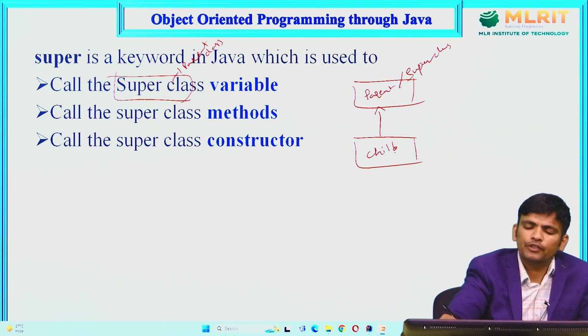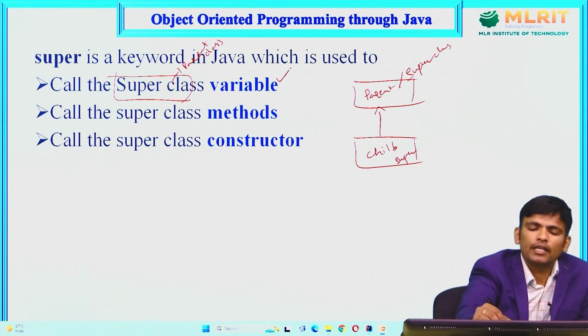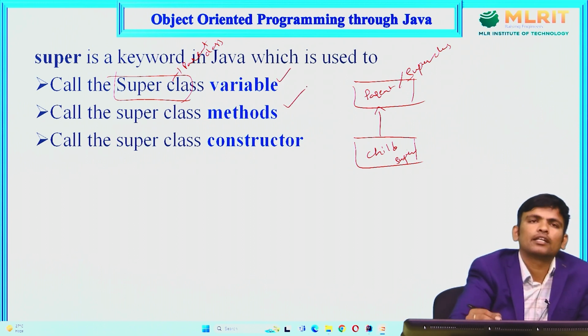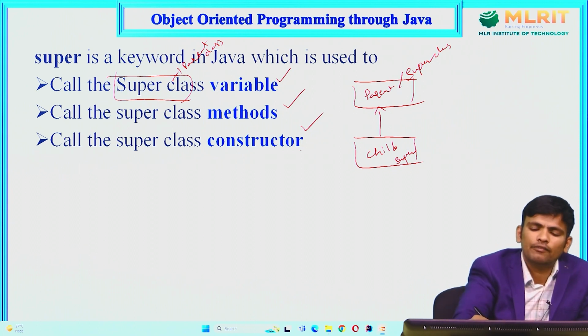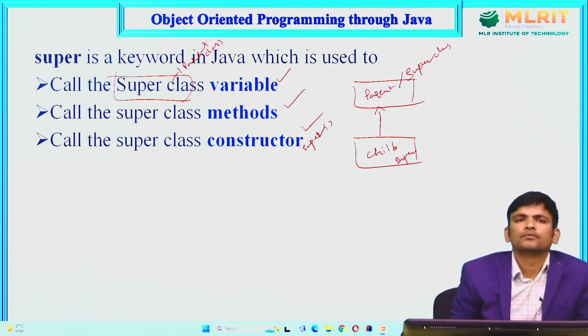Now suppose you use a super keyword inside a child class. The child can access the parent class variables, the parent class methods, and the parent class constructor. To access the constructor, we need to use the super method. So using the super keyword, we can access parent class variables, methods and the constructor.